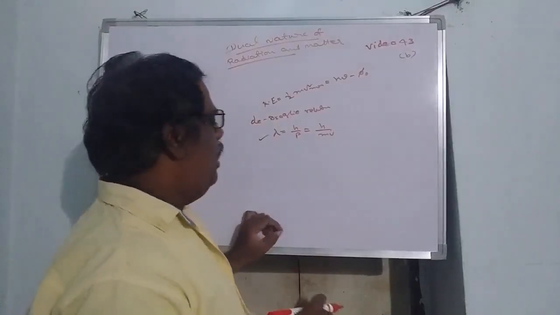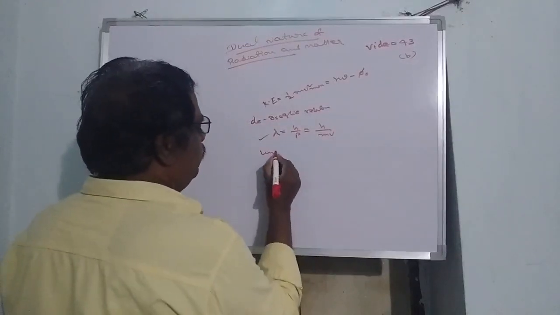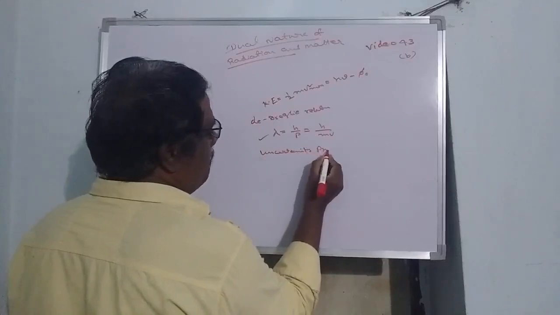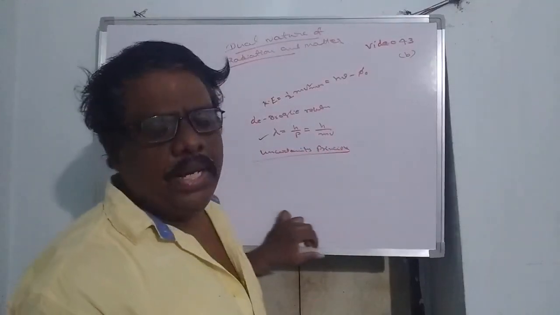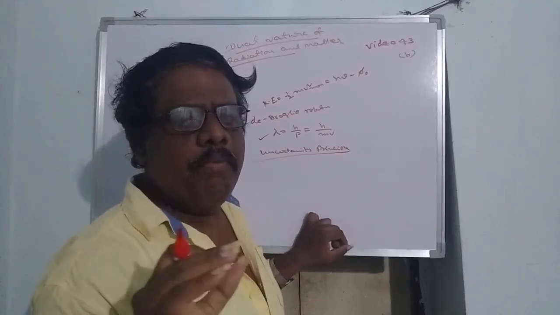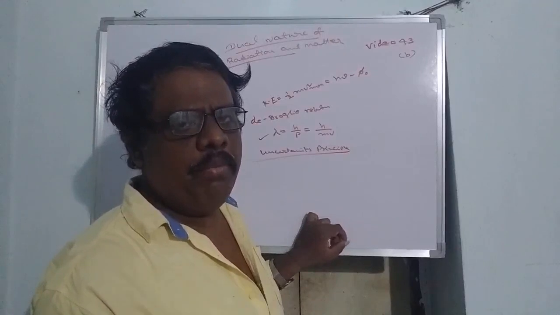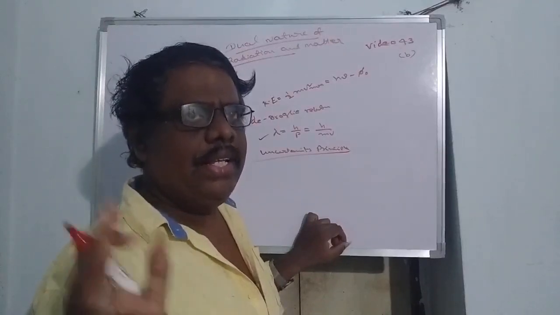Next one, uncertainty principle. What is the Heisenberg uncertainty principle? It is impossible to measure both the position and momentum of an electron or any other particle exactly at the same time.